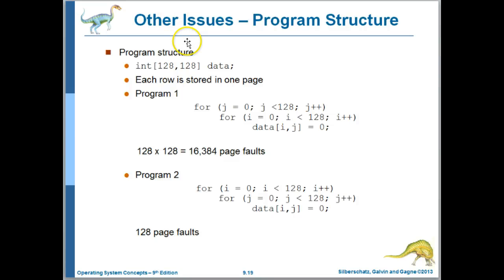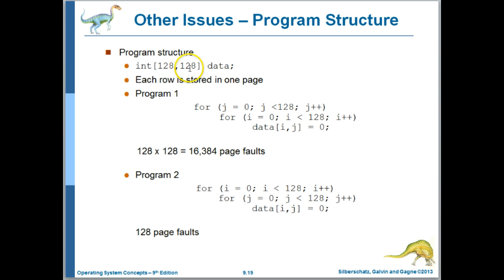In this example, this is the row offset of a two-dimensional array in C. This is the column offset. So the row elements are stored contiguously. So row 1, row 2.